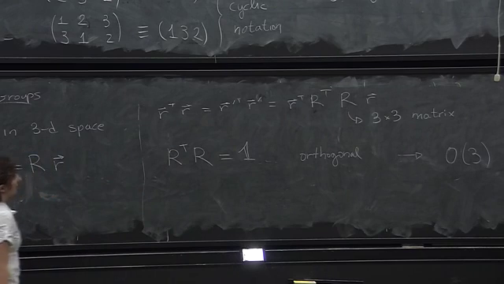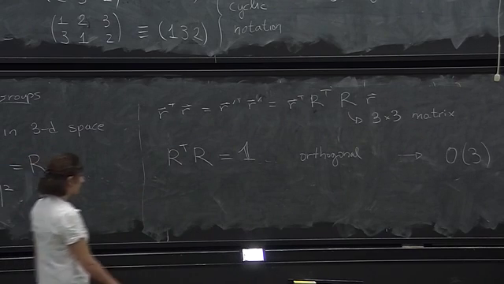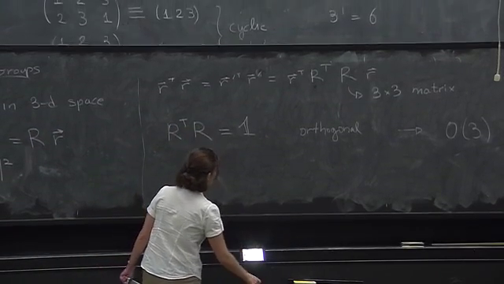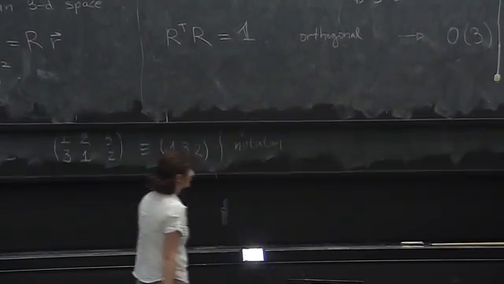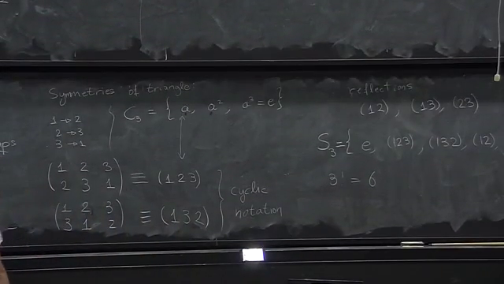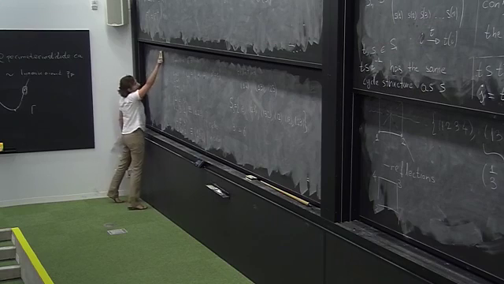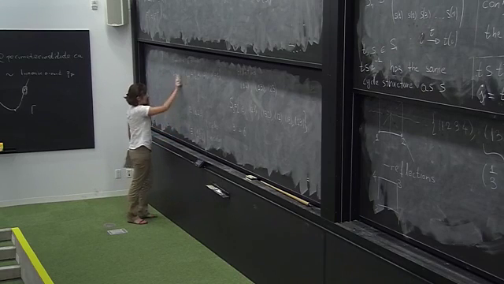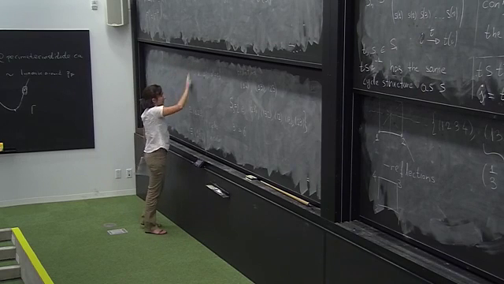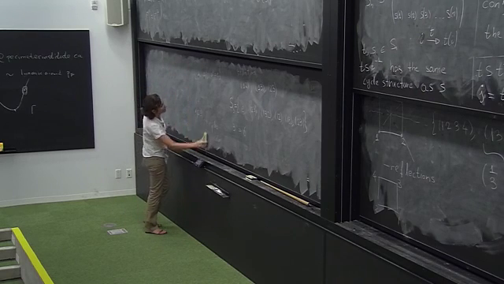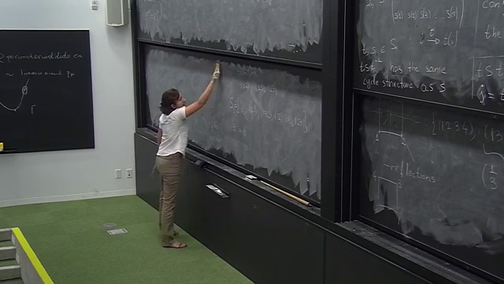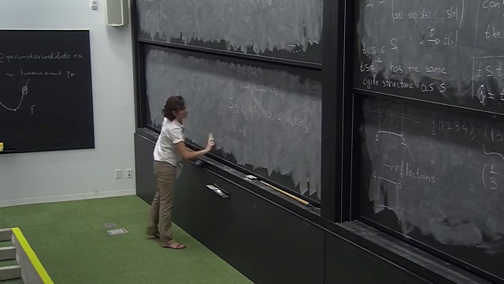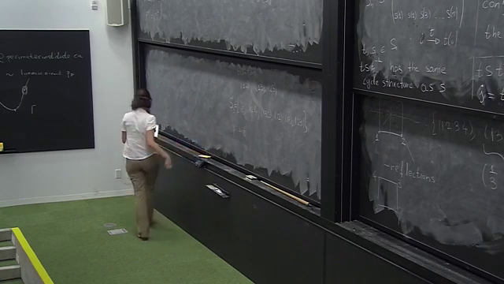Okay. An equivalent way to define rotations is that they leave the metric in the three-dimensional space invariant. Remember yesterday we talked about metrics and scalar products? Let's see how this applies here.